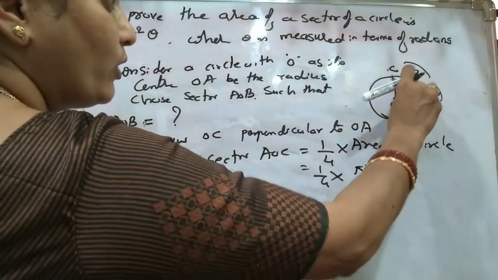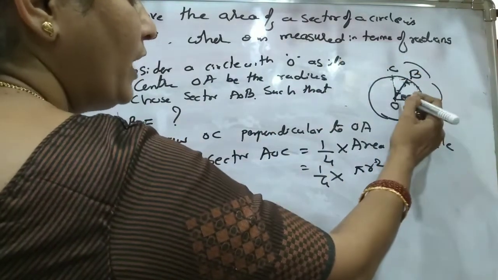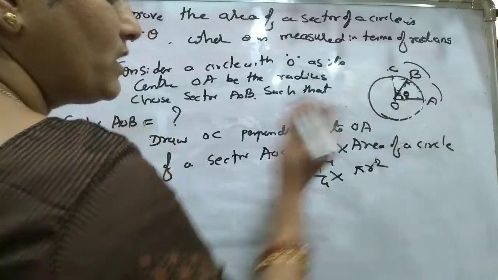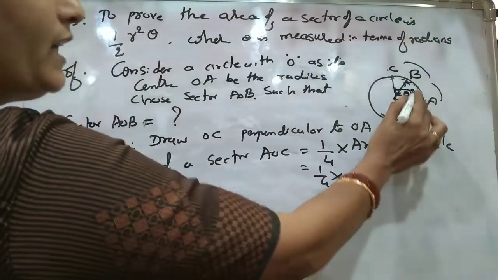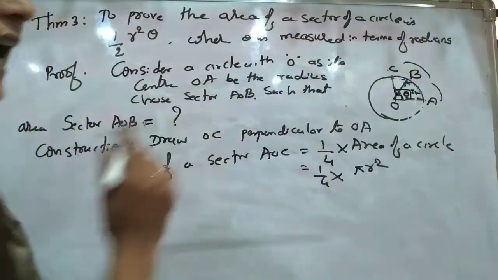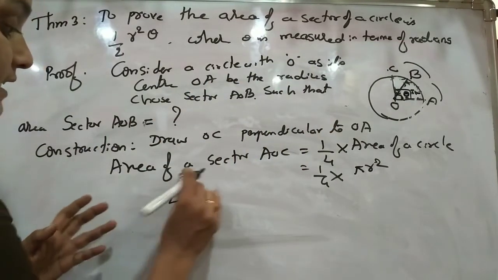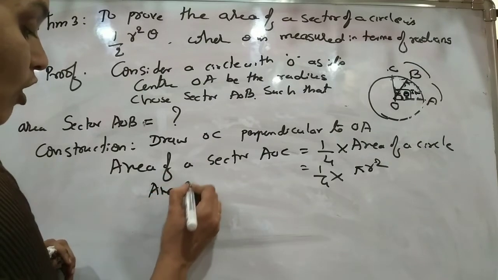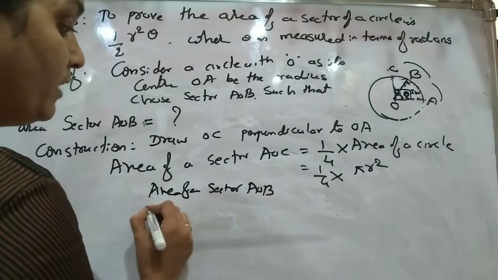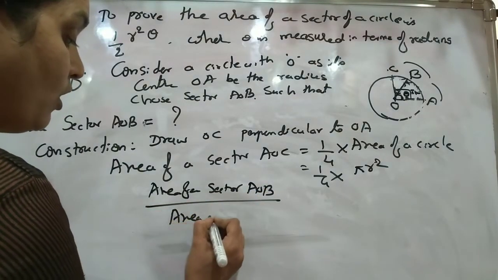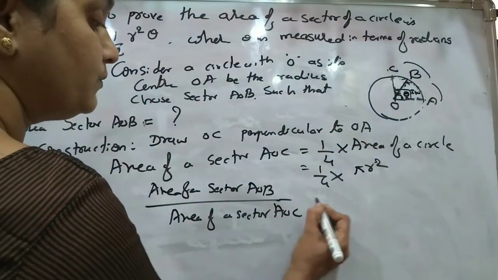And here you have noticed angle AOB. This is the sector we want, and we don't know how much angle it makes. So I choose this as theta, whereas angle AOC is pi by 2. The areas of sectors are proportional to their angles subtended at the center. Here also I can consider the area of sector AOB divided by the area of sector AOC.